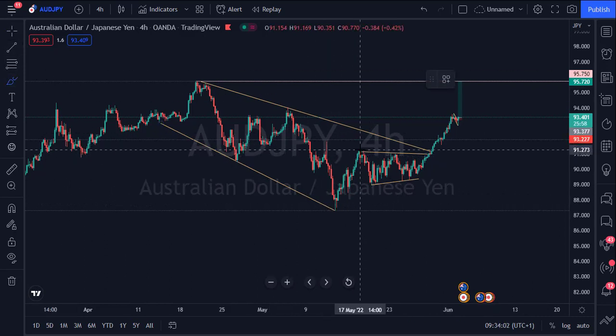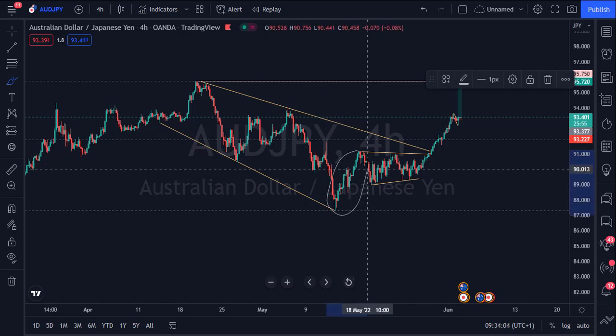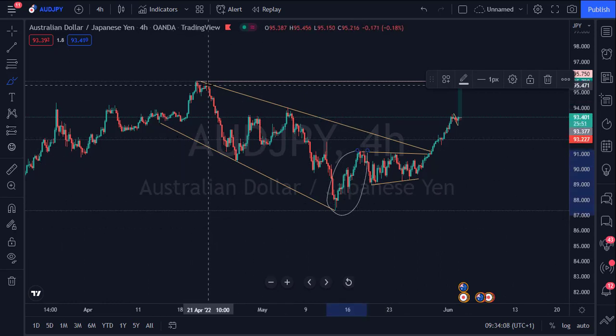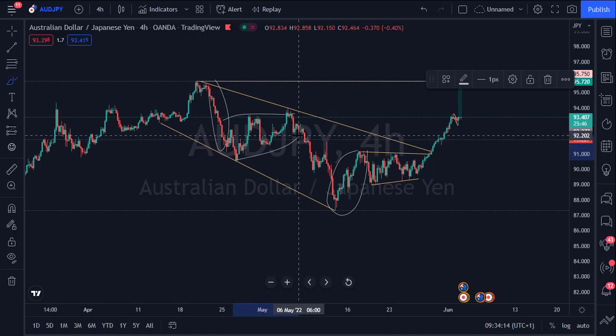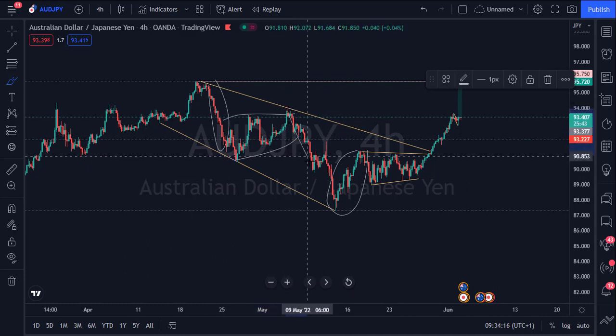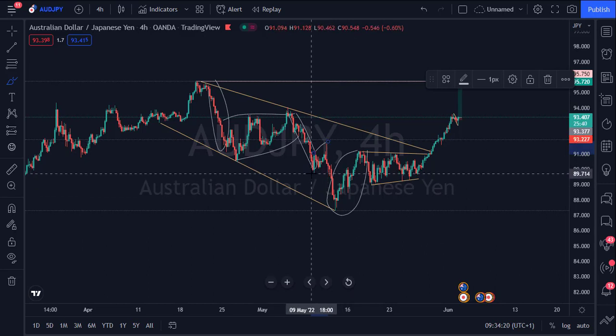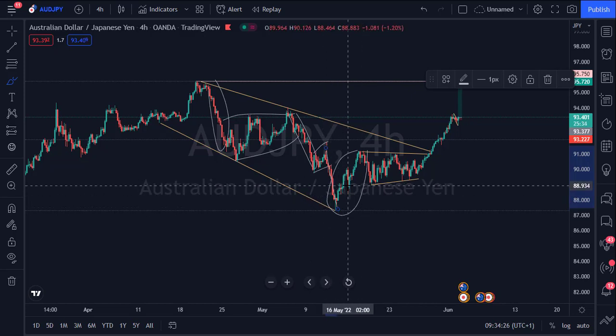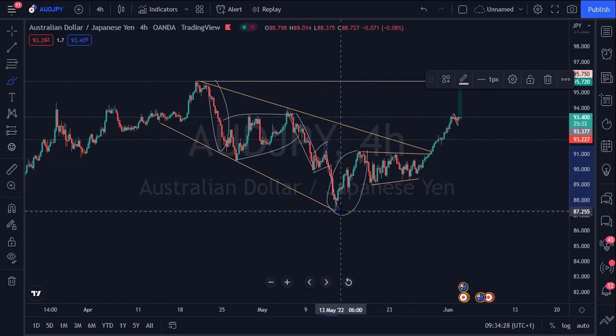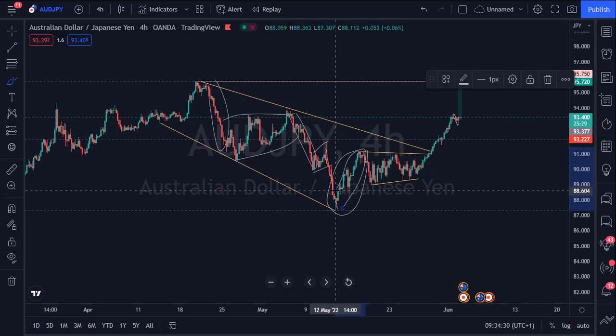If you want to take it from the top, impulse right here, a correction this way. Another impulse down here, then a quick correction this way, then an impulse down here. But instead of a correction that would have continued this sell downwards, what do we have? We had another impulse.